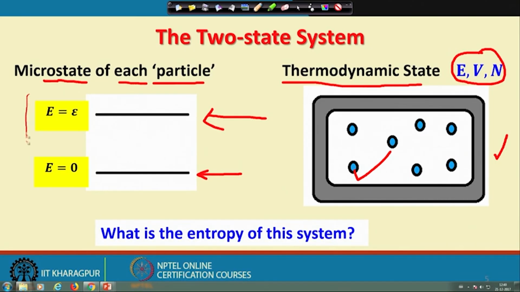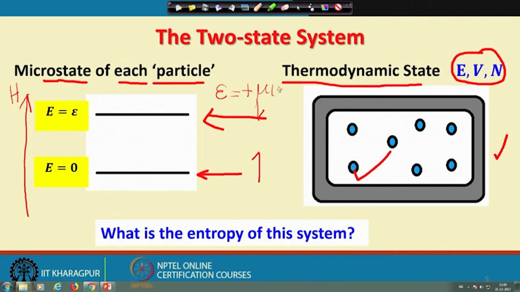If I place a field H like this, then the energy equal to 0 state will have the spin up direction, and the higher energy level would have the spin down direction, and in that case epsilon would be equal to plus mu h, and actually plus 2 mu h, because I am taking minus mu h as the 0 of scale of my energy.